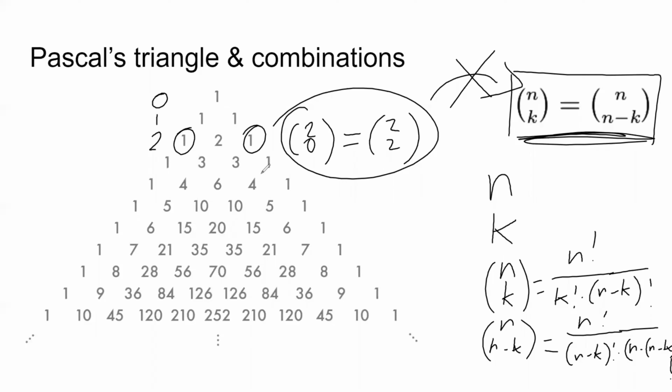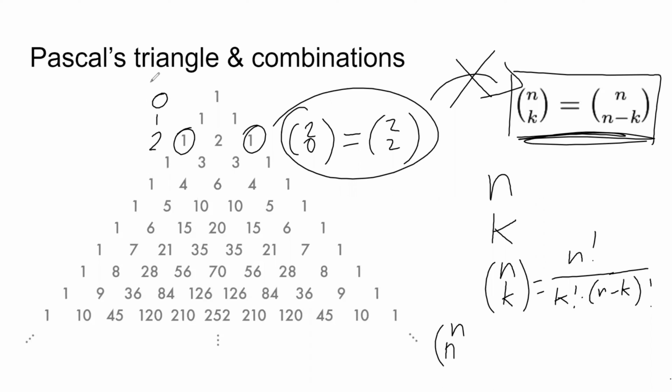Let me rewrite that. So similarly, n choose n minus k, by the definition of a combination, is equal to n factorial divided by n minus k factorial times n, then minus that n minus k, and then factorial.